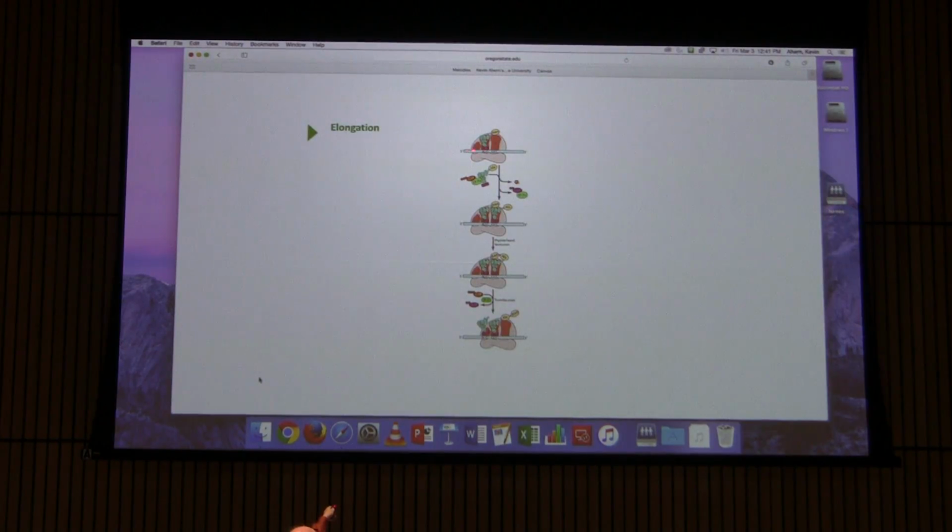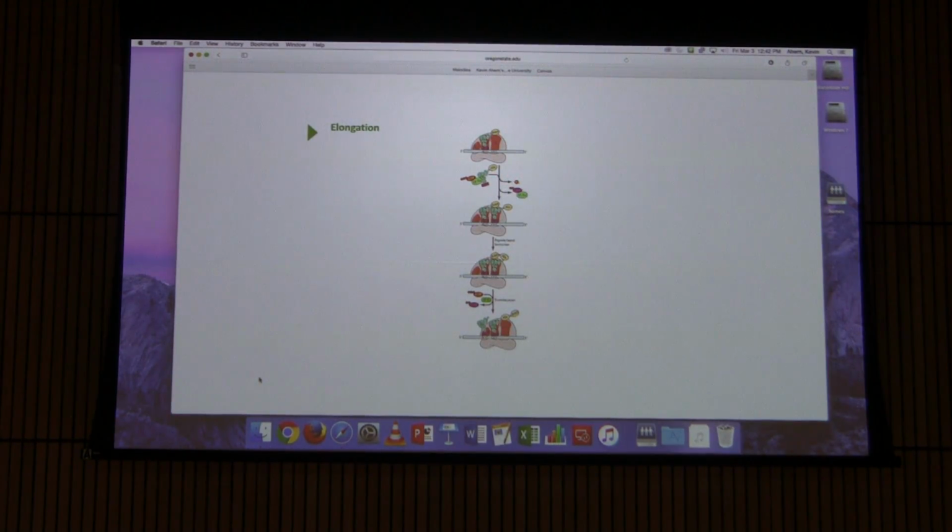The transfer RNA that was in the P site is now in the A site. I'm sorry, in the E site. The transfer RNA that was in the A site is now in the P site, and the new transfer RNA with a new amino acid has appeared in the A site. Translocation has occurred.